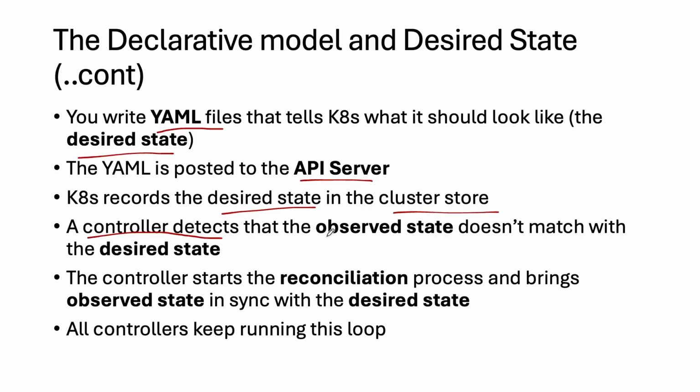What it's going to detect is that the observed state doesn't match the desired state. That would trigger the reconciliation process, which is the process of bringing the observed state in sync with the desired state. And this is how all controllers are implemented, and they keep doing this in a loop.